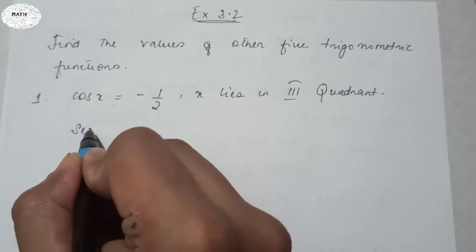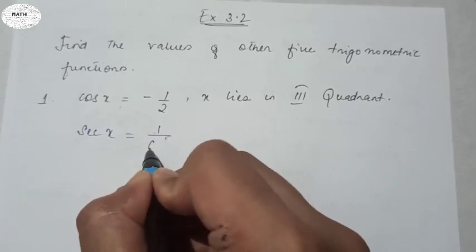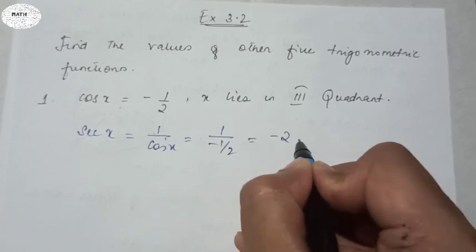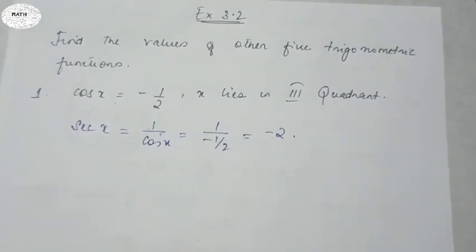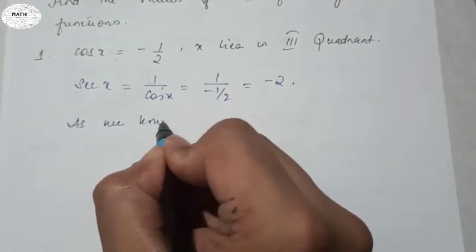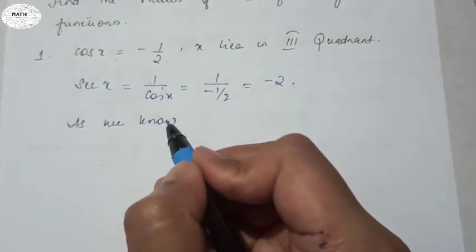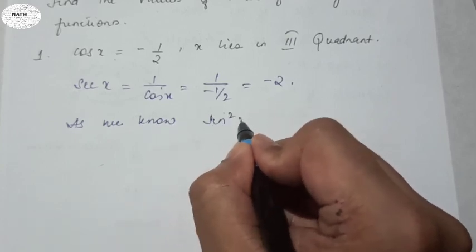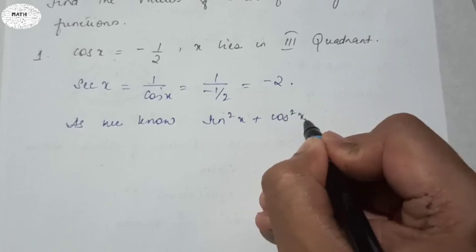So cos and one function are related, that's nothing more than your sec. So sec x is nothing more than 1 by cos x. So that will be 1 by -1 by 2, which happens to be -2. I got 1. I need another 4. So as we know, sin square x plus cos square x is nothing more than 1.